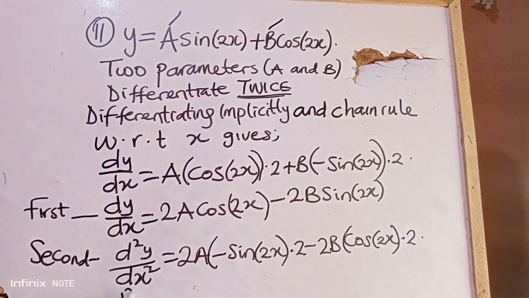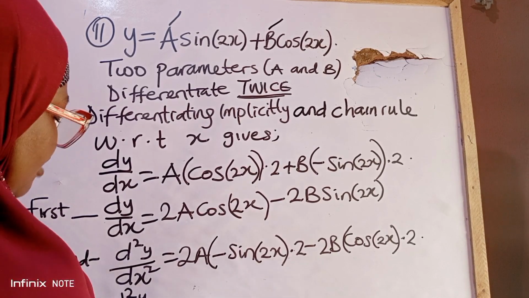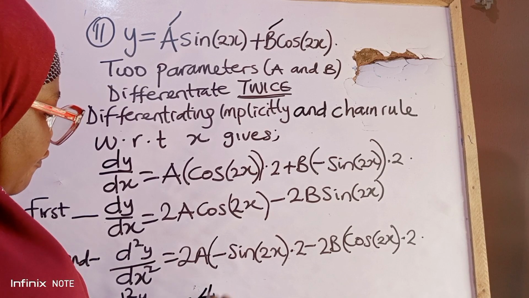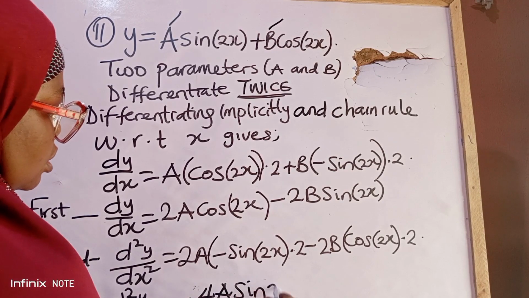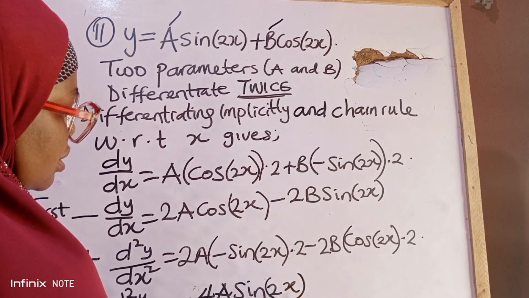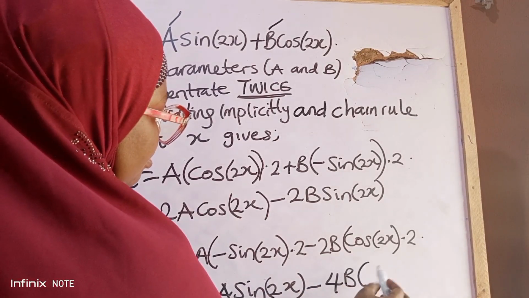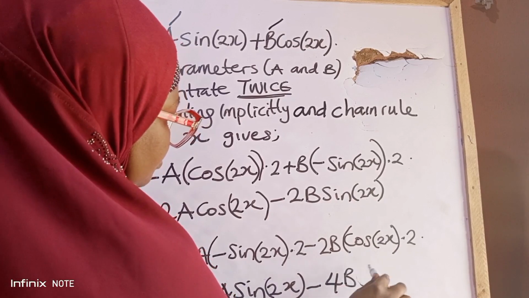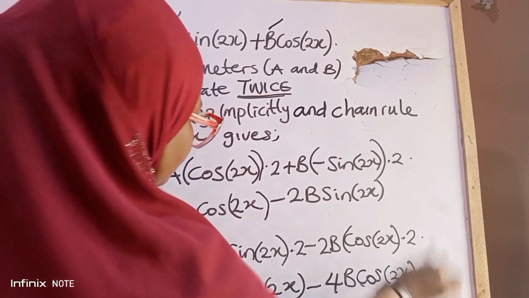So d squared y/dx squared equals minus 4A sine 2x minus 4B cos 2x.